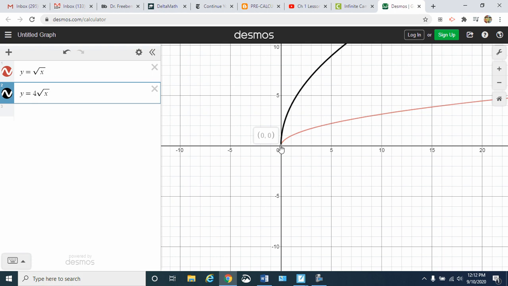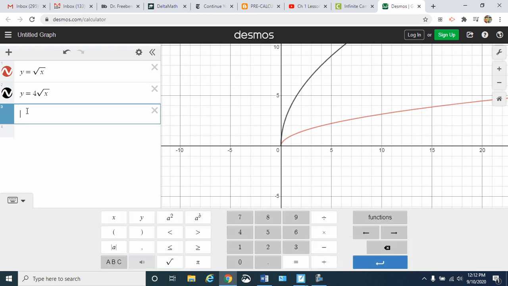But normally, the square root of 1 is 1. Well, now we have to multiply that by 4. 1 times 4 is 4. Square root of 4 is 2, but now we have to multiply that 2 by 4, which is 8. So the number in front is still following that rule: it will stretch it vertically. That is considered a vertical stretch there.